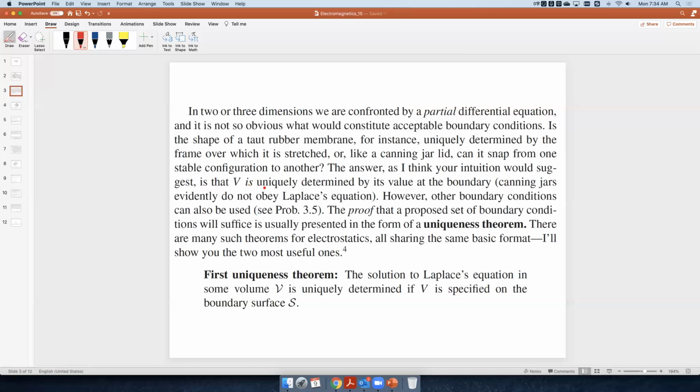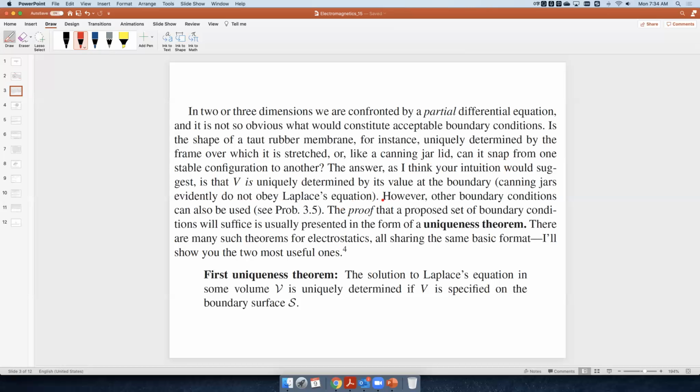the V is uniquely determined by its value at the boundary, and the snapping jar lids evidently do not obey the Laplace equation, because a snapping jar lid is not the smallest surface area for its boundary condition. If it were the smallest area, the jar lid could not snap from one stable configuration to another.